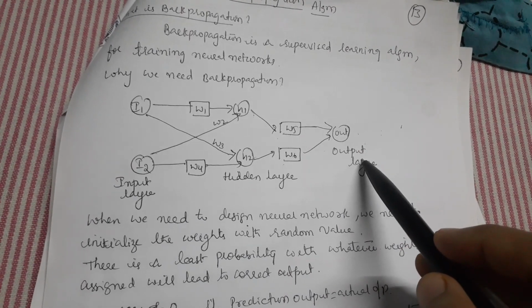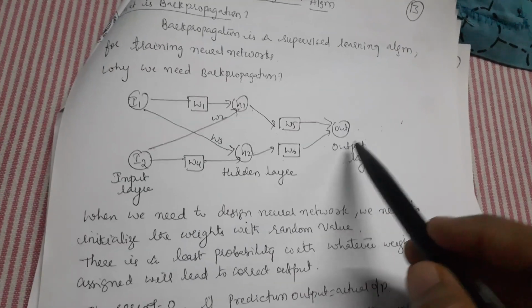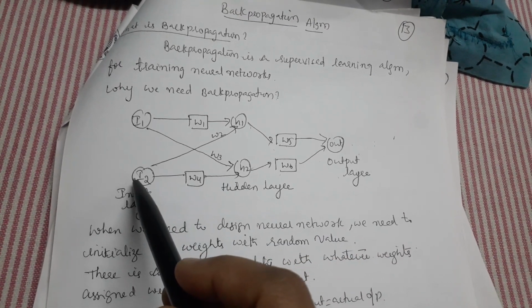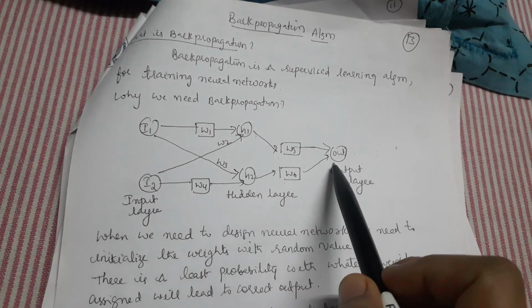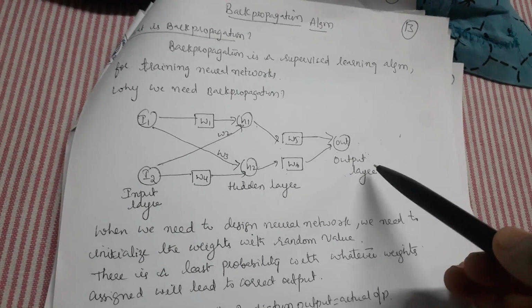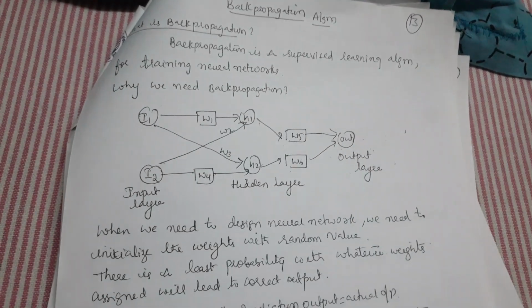We compare the predicted output and the actual output, and if the error is again high, we go on updating the weights backward. Again, after updating the weights, in the forward pass we predict the output. This continues until the error is minimum. So this is known as backpropagation.